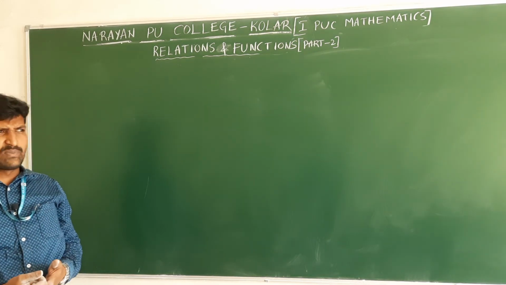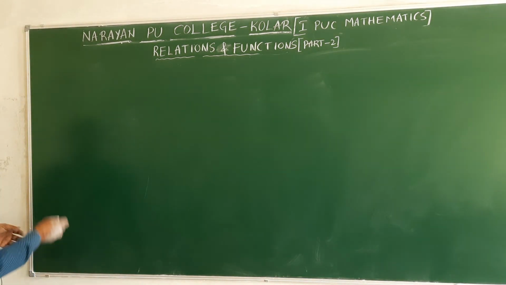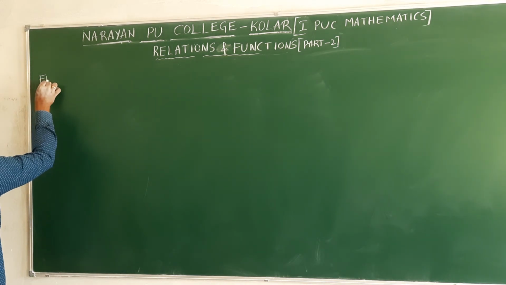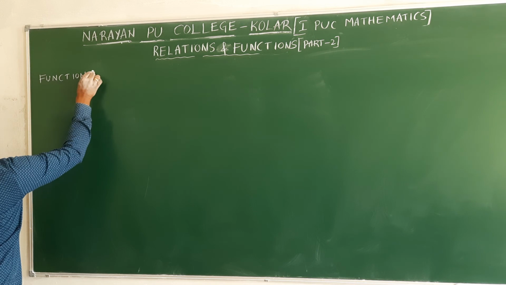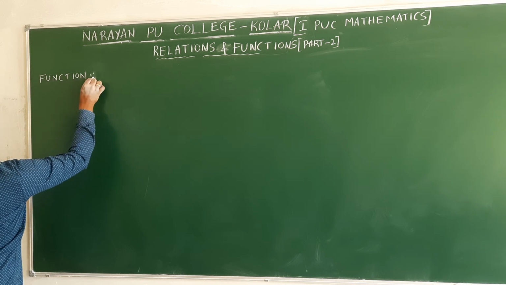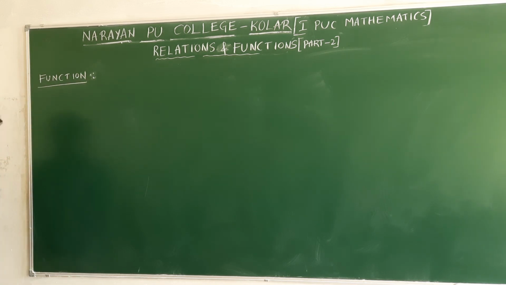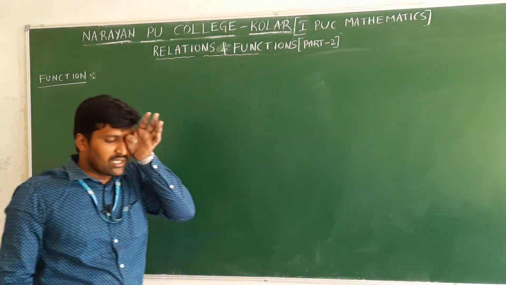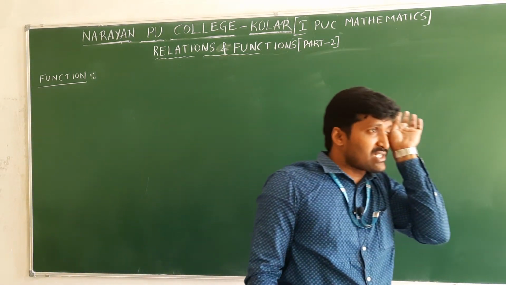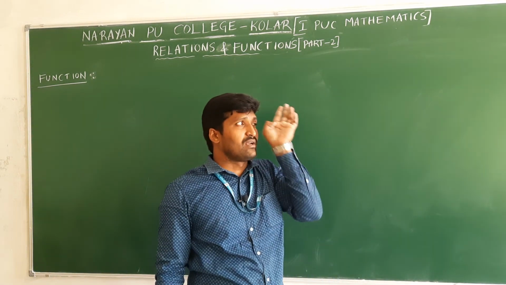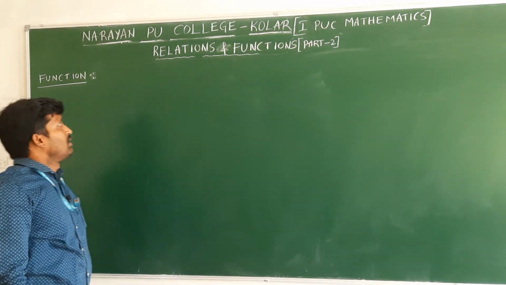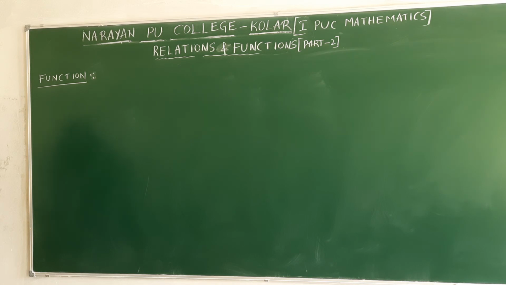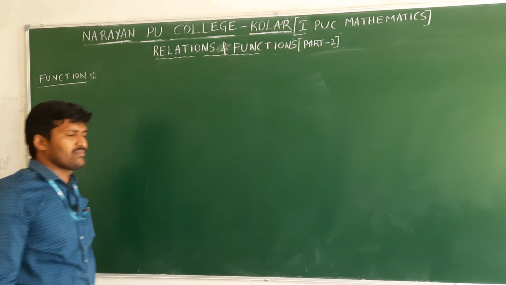Now the relation concept is over. Now coming to the next concept, function. What you learned in relation defines the relation between the first element and second element of an ordered pair in A cross B. Function is also one type of relation.